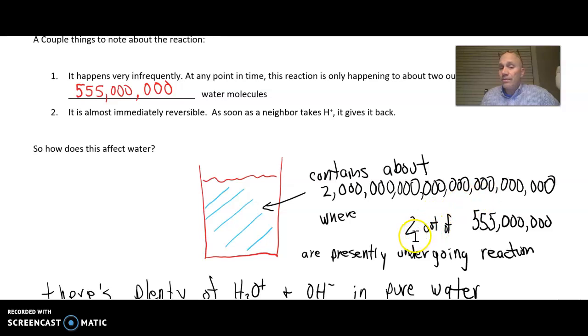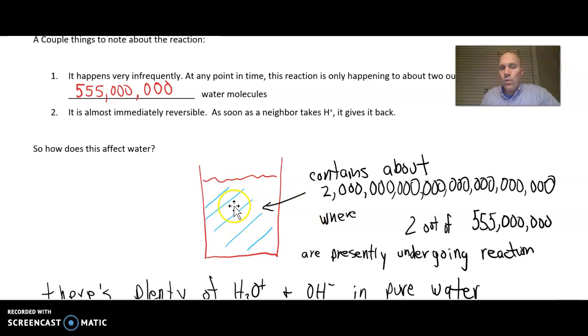But what we said was, statistically, about 2 out of 555 million molecules would be undergoing that reaction. Well, that almost seems like it never happens, if it's only happening to this much. But I've lined these numbers up. These zeros right here are the same amount of digits as this.